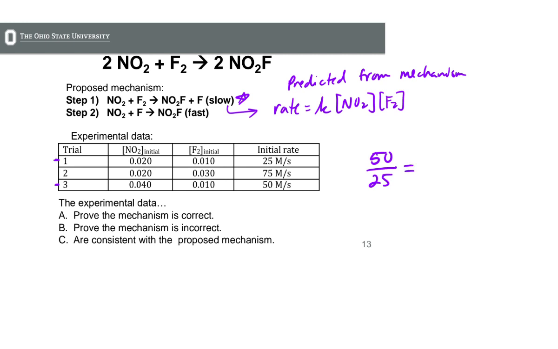It's equal to the concentration for the third trial, 0.04, divided by 0.02. And we're going to figure out what we need to do in order to make both sides of this equation equal, solving for m. So we're going to have 2 equals 2 raised to the m, therefore m has to equal 1.